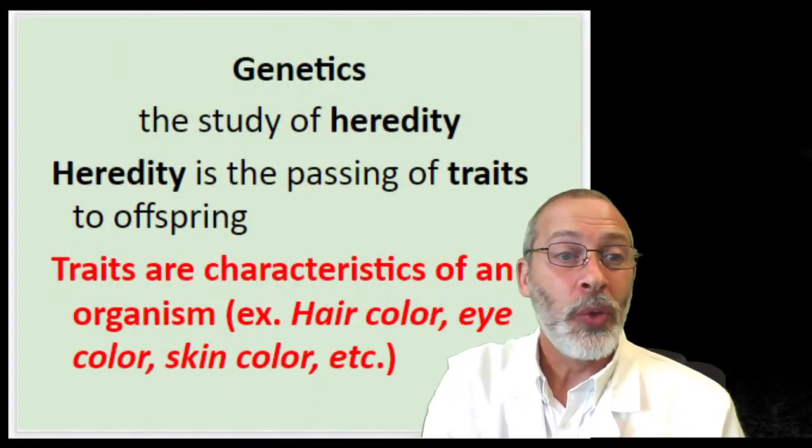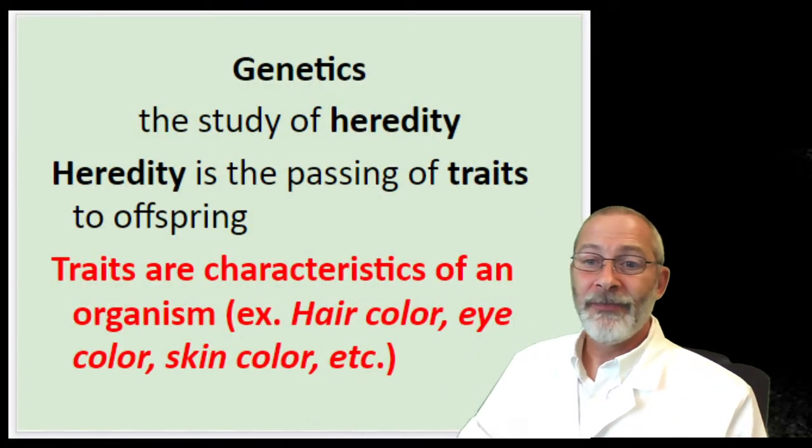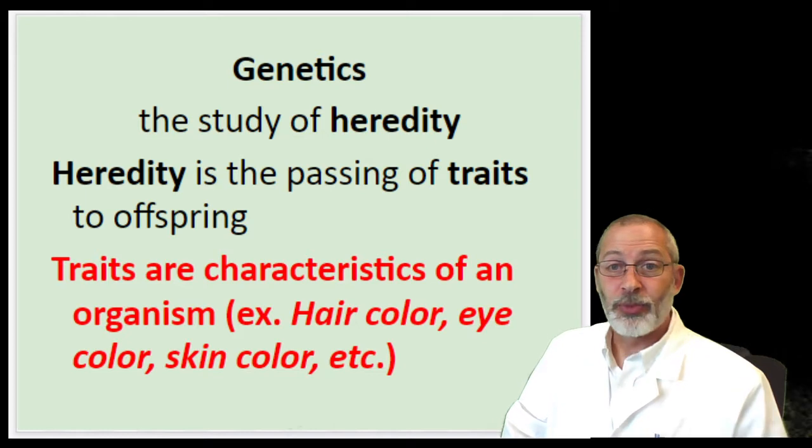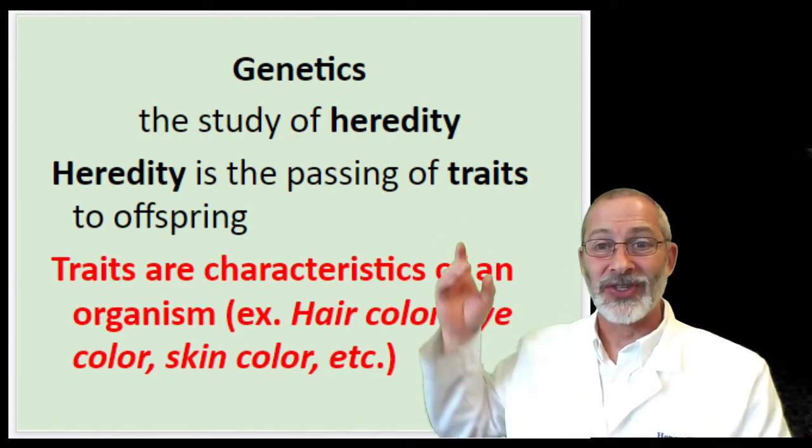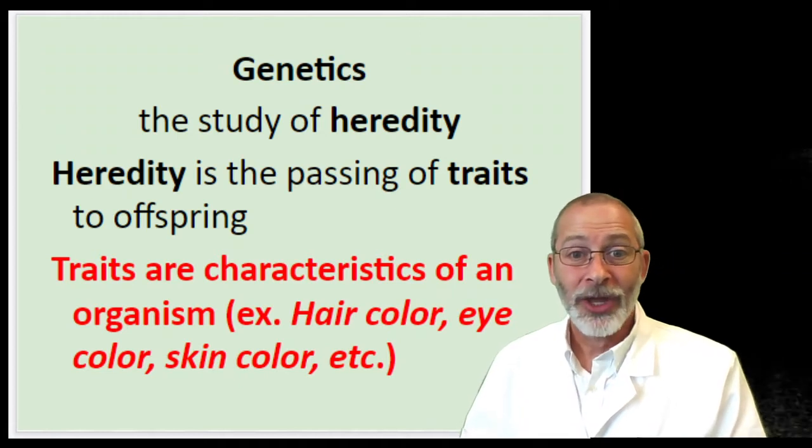We're back with our topic of genetics, and we're going to finish up our notes today on this topic. Hopefully you remember where we left off yesterday: genetics is the study of heredity.